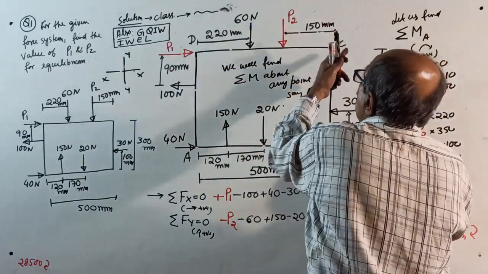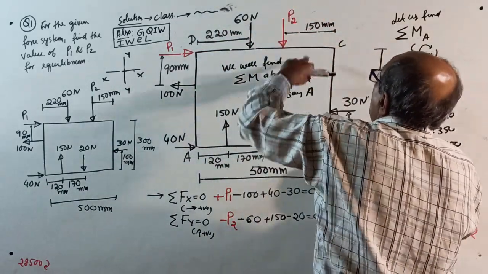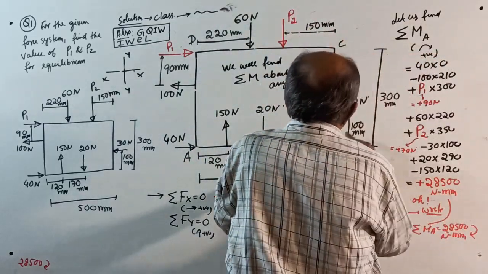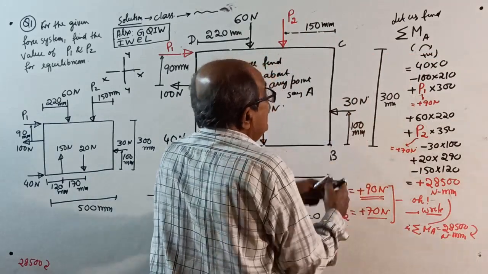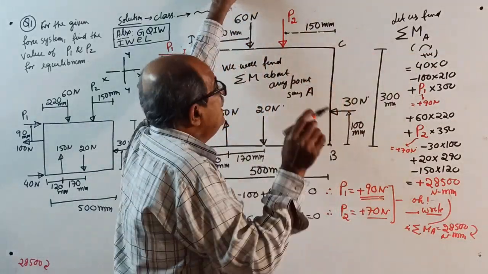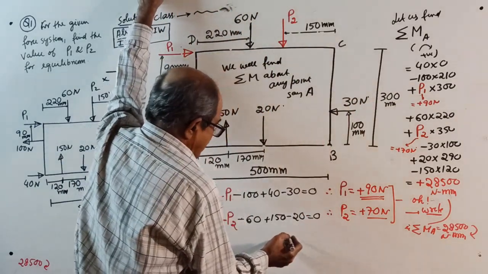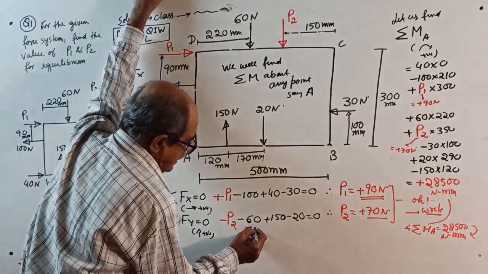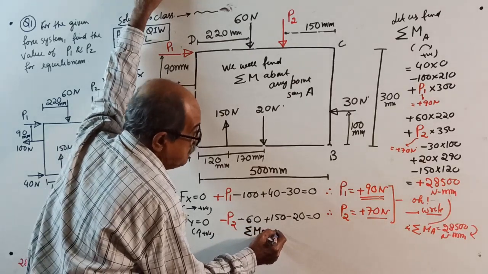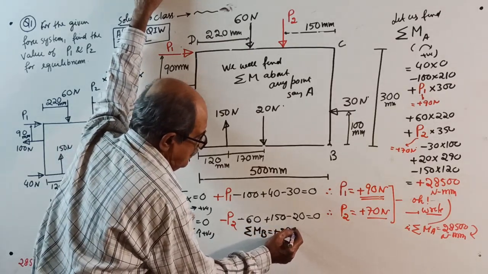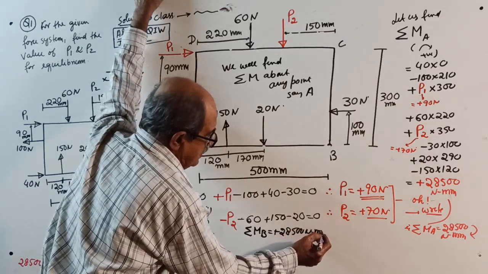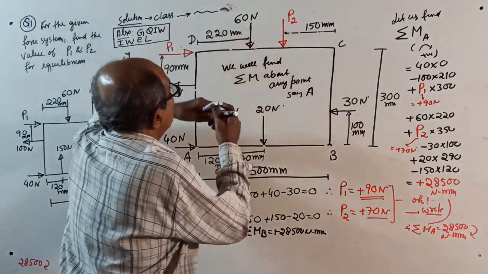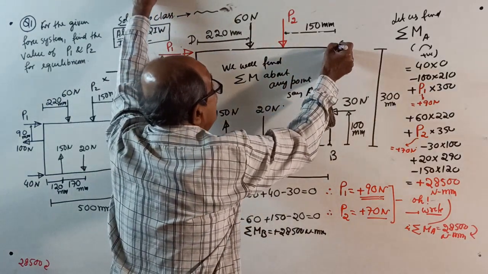Minus 60 into 280 anti-clockwise. Minus P2 into 150. Why minus? Anti-clockwise. Then minus 30 into 100. My guarantee, even when you find sigma m about B also, it will come plus 28500 Newton millimeter.